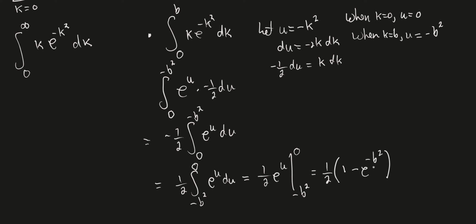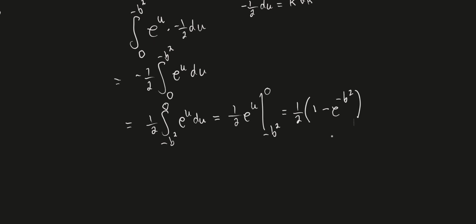Now, what I'm going to do, and I've done this a lot, is when we have those negative exponents, I think it does help if you apply that property of exponents and just take the reciprocal. Again, just one additional step to reduce the number of negative signs in the problem. So this ends up being e to the b squared in the denominator. So that's our area function.